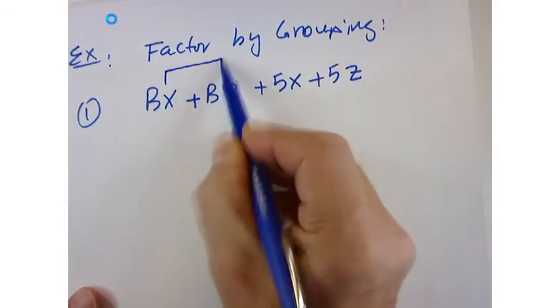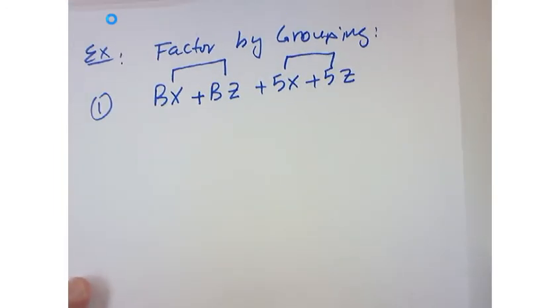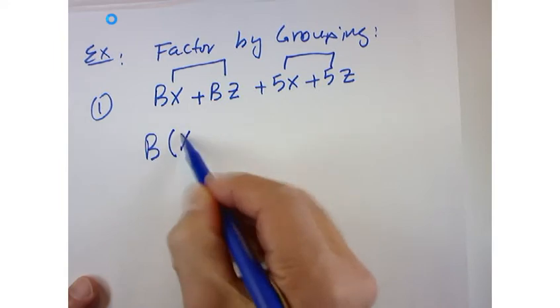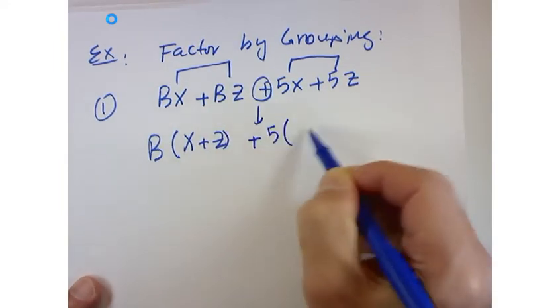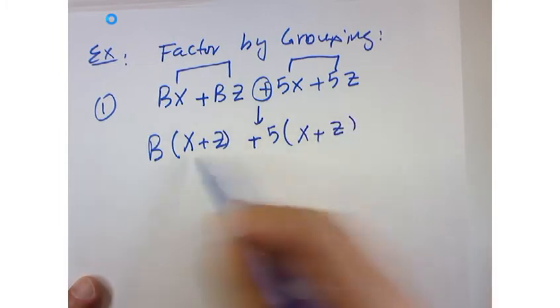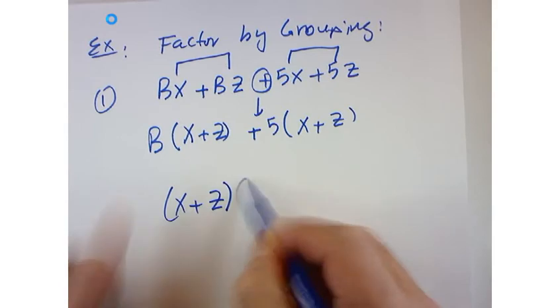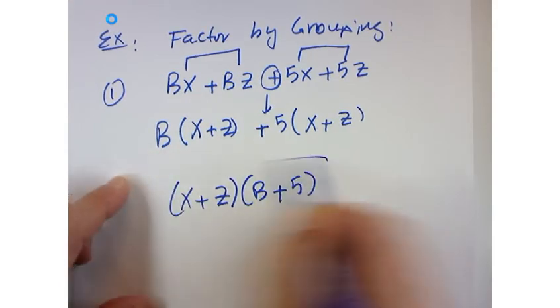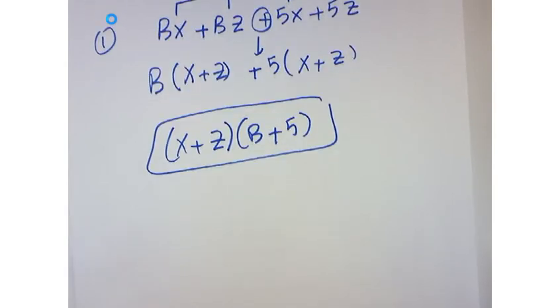So again, the most convenient grouping is first 2 and last 2. So b is the common factor, x plus z. Again, you bring the sign down, plus 5, x plus z. The quantity inside the parentheses is the same, so we bring it down once, and then b plus 5. And if you want to check your answer, you just FOIL it.